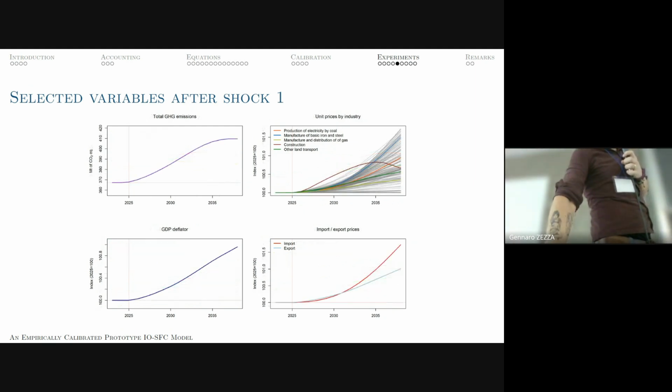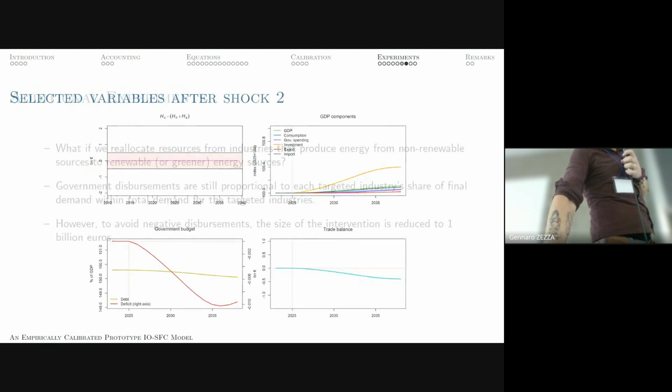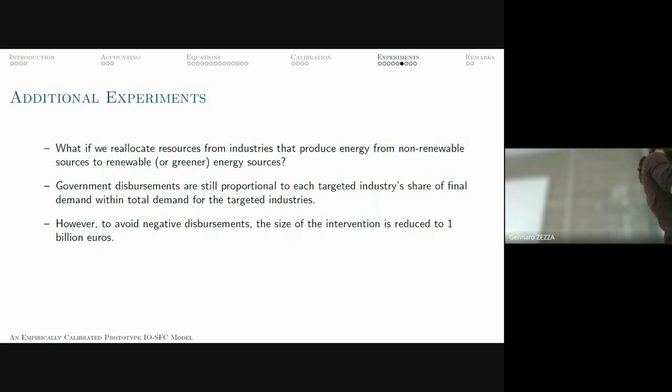After that, I tried something different, which is to reallocate resources. I take resources from industries producing non-renewable energy and I put them into industries which are actually producing renewable energy, and I see what happens.